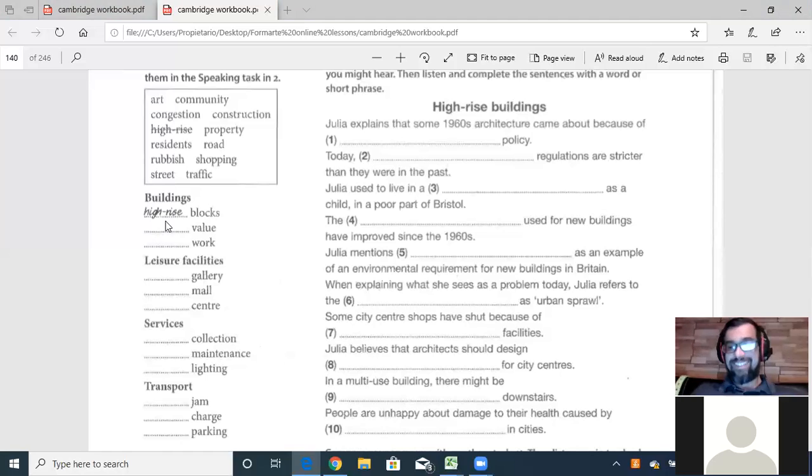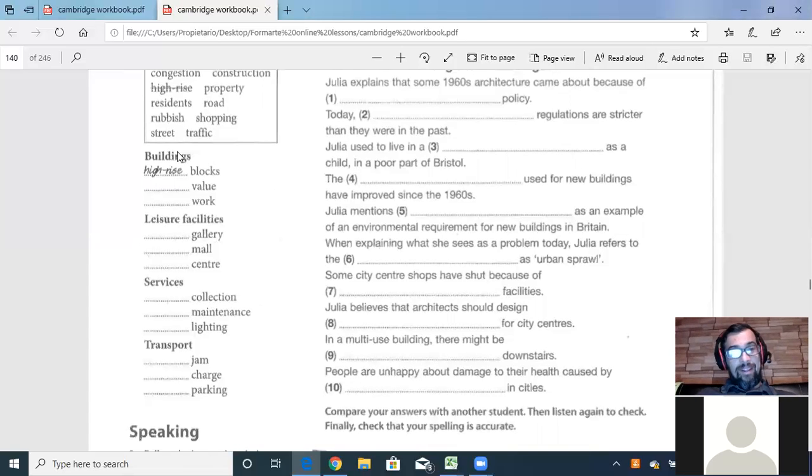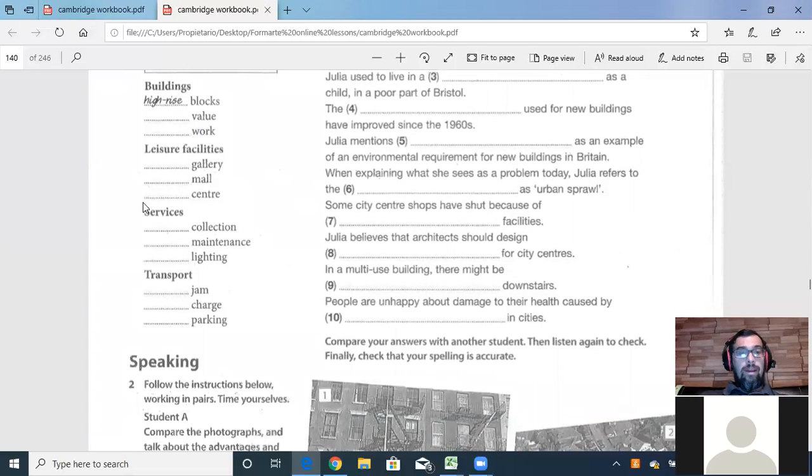Almost ready? Yes? Okay, let's check it. For this one here will be property value. Then for this one we have construction work.